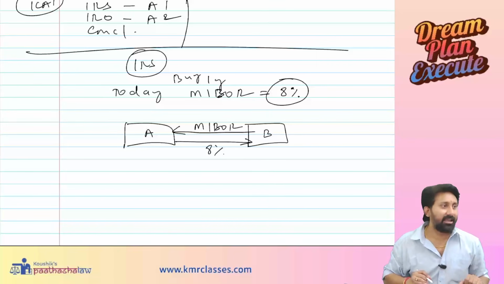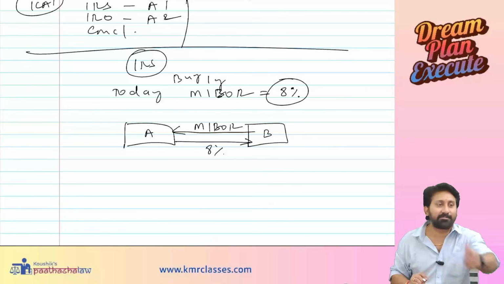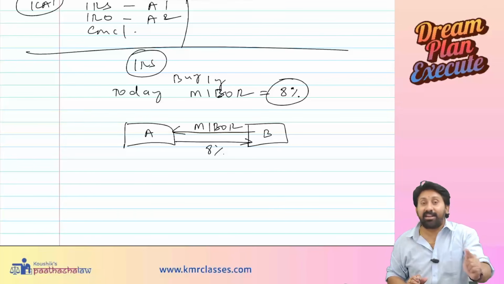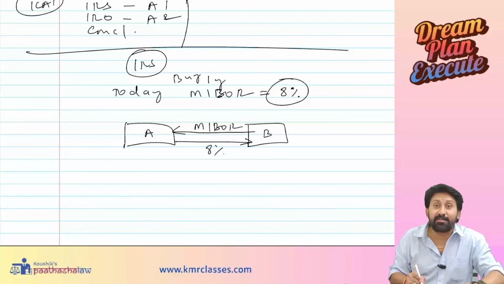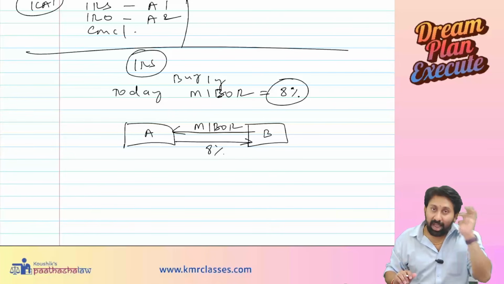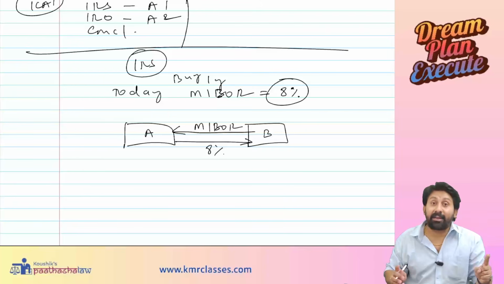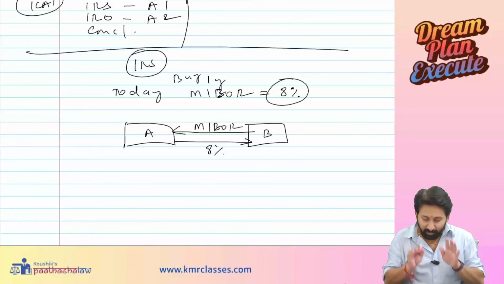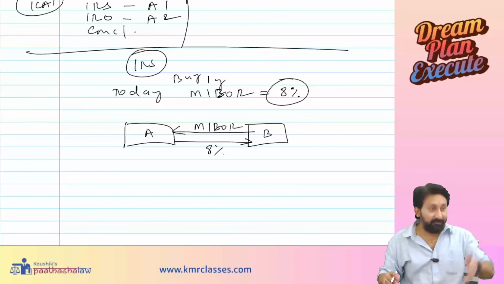What do I have to pay? Not 50 rupees. MIBOR is an interest rate, and interest can be exchanged only against another interest. But I can't exchange MIBOR with MIBOR because both are floating. Then why would I exchange if I really want floating? So I want floating, but I wanted to pay only a fixed rate for floating.